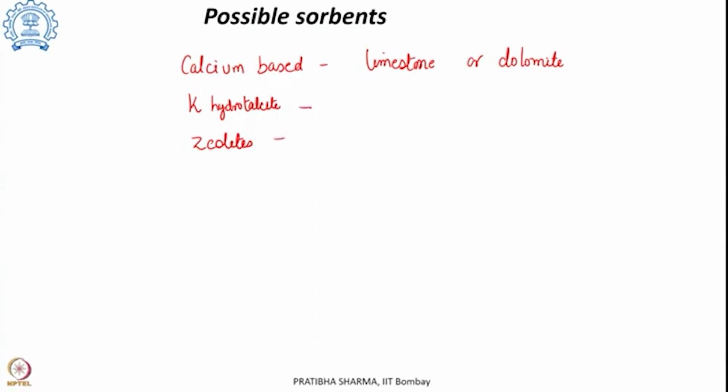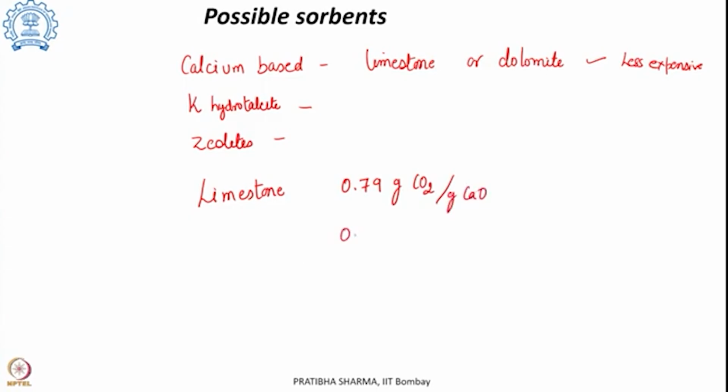However, it has been observed that the calcium based sorbents are very economical, less expensive. Like if limestone is used, it has a very good acceptance towards carbon dioxide. It can consume about 0.79 grams of carbon dioxide per gram of calcium oxide.